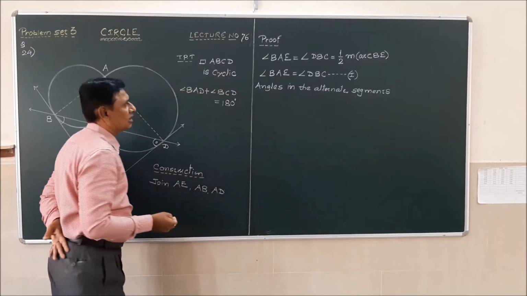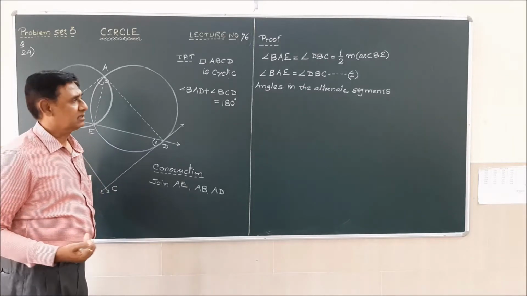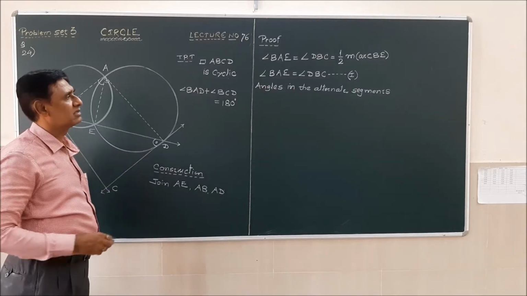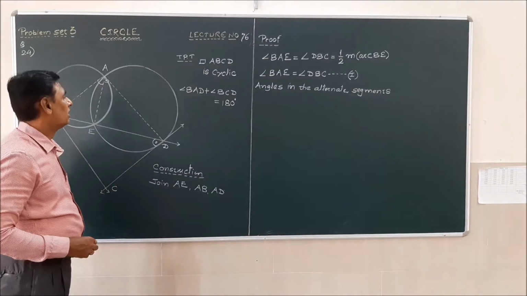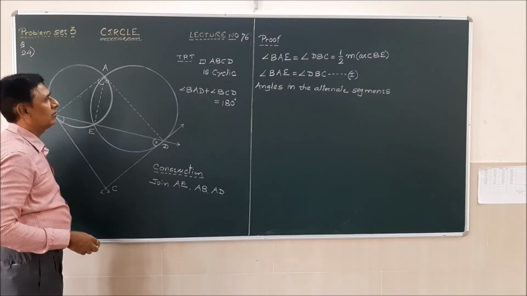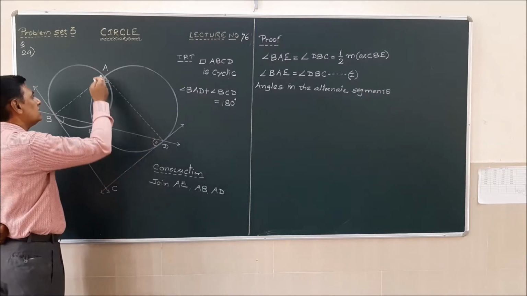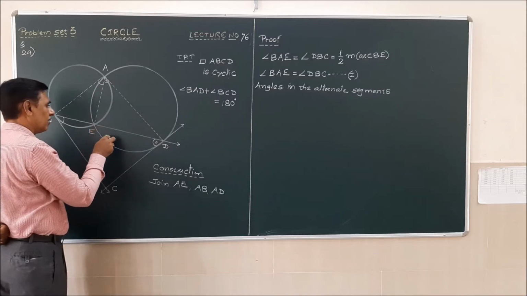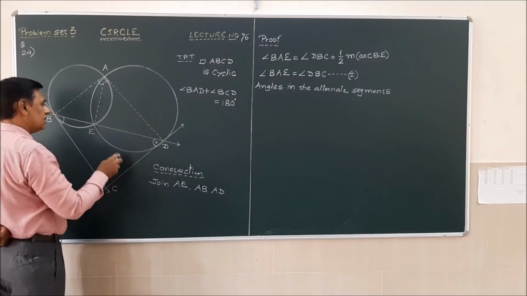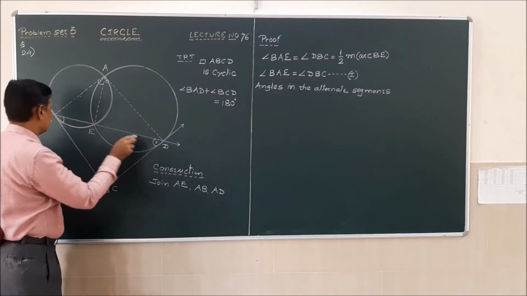You can say angles in the alternate segments. You all know the combined result of the inscribed angle theorem and the tangent-secant angle theorem gives us a new result, the angles in the alternate segment. So similarly, you will find angle DAE. Try to understand. Angle DAE is equal to half arc DE. That is equal to angle BDC, which is also equal to half arc DE.